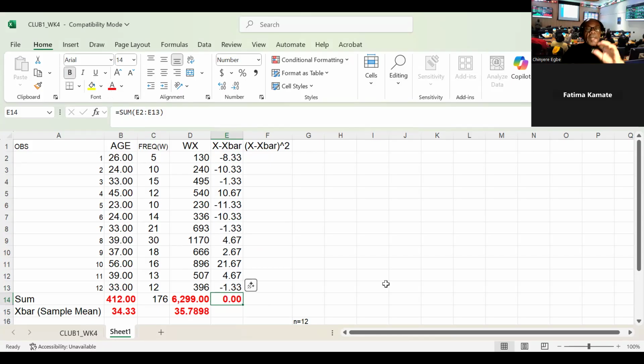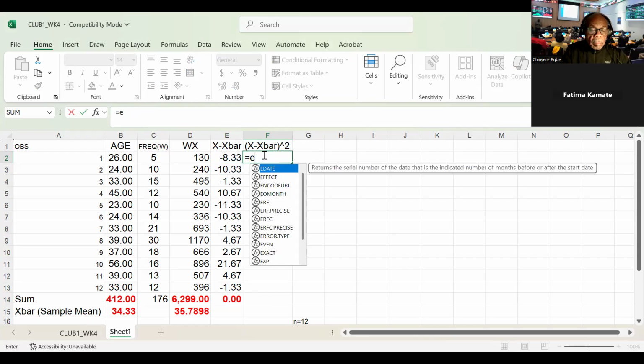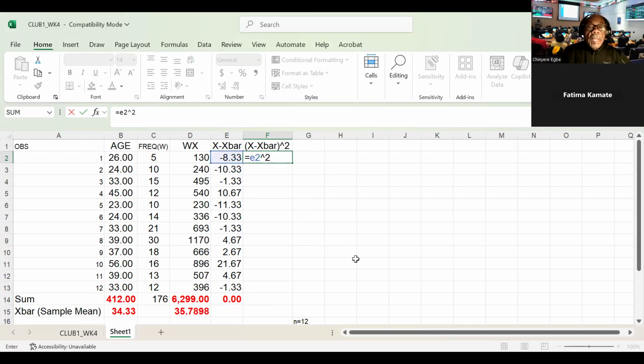That is what's going to happen. And if you don't get that 0, that means something is wrong. So now we are going to square each value, equals E2 to the power 2. We're going to square each value.